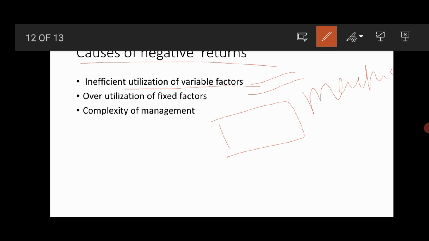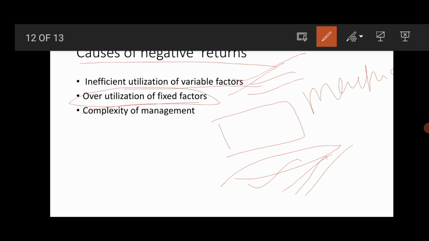So now they are employing more workers in order to operate. What happens is that these workers may not all work because there is only a limited number of machines in the factory, so all cannot do the work. So at that time, are all the laborers efficiently utilized? No, they are not. Inefficient utilization of variable factors happens.